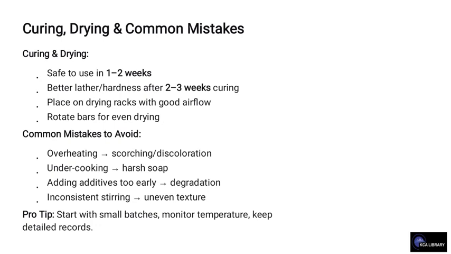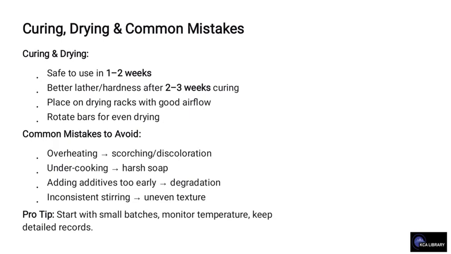Curing, drying, and common mistakes. Curing and drying: soap is safe to use in 1 to 2 weeks for hot process, and you get better lather and hardness after 2 to 3 weeks of curing. Place on a drying rack with good airflow. Rotate bars for even drying.